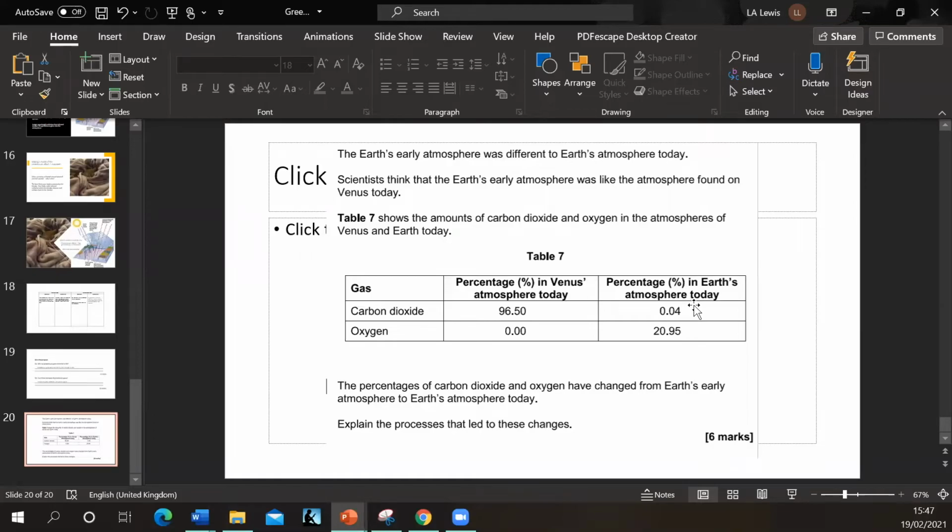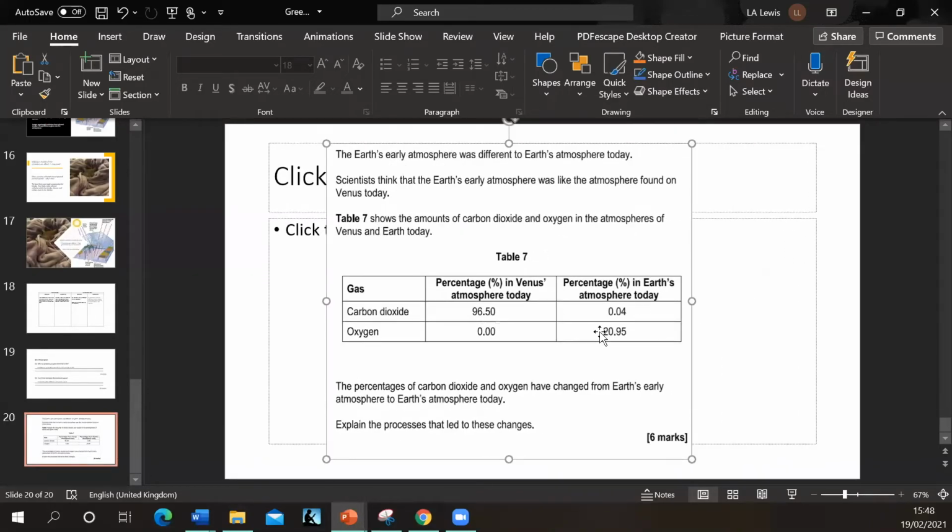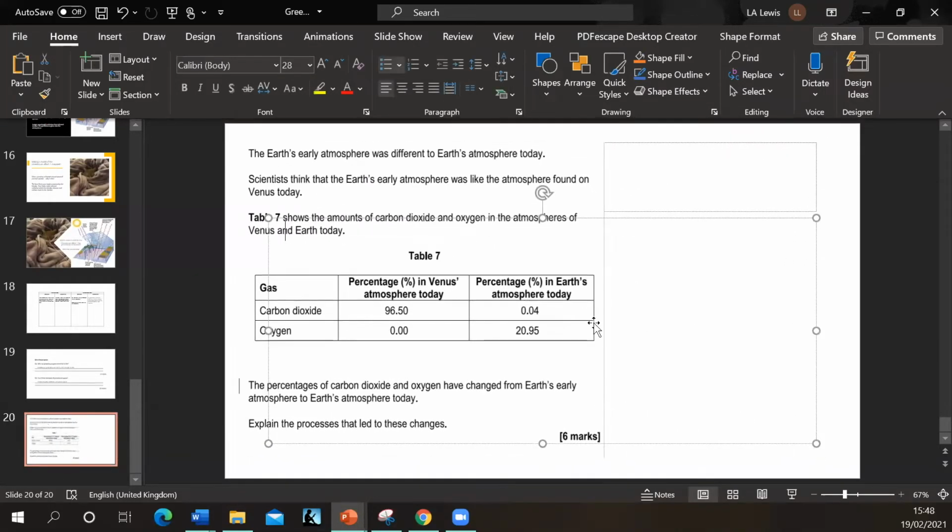Oxygen: none in Venus, probably traces, but might as well be none; 20.95 in Earth, so 21% rounded up. The percentages have changed from Earth's early atmosphere to today. Explain the processes that led to these changes. This is a very, very common question.